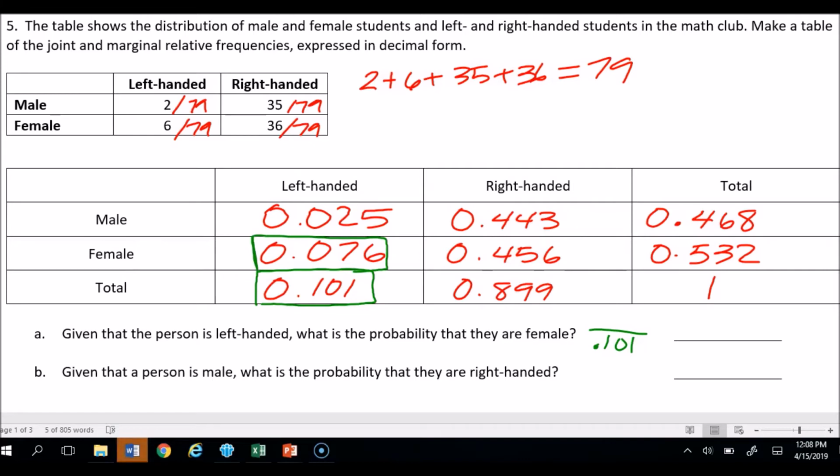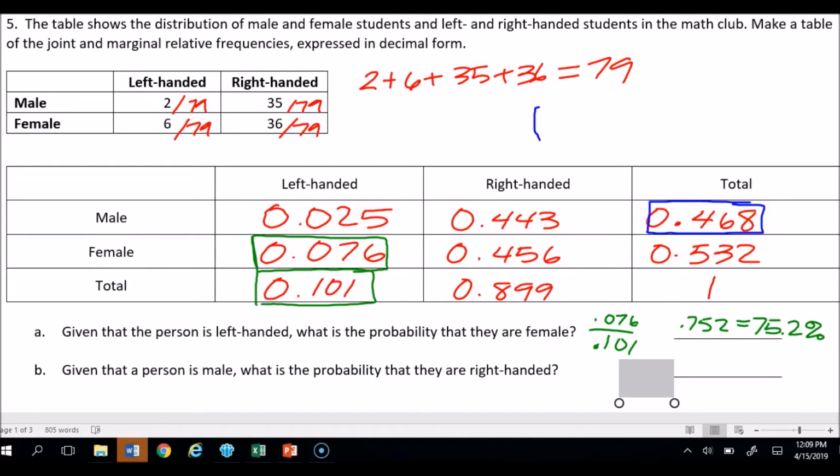So we're going to divide 0.076 by 0.101. Let's just do this again. This gives us 0.752, which is equal to 75.2%.